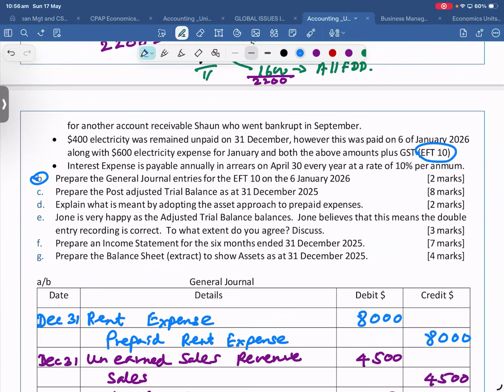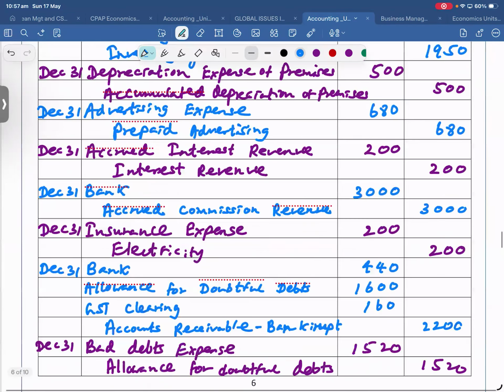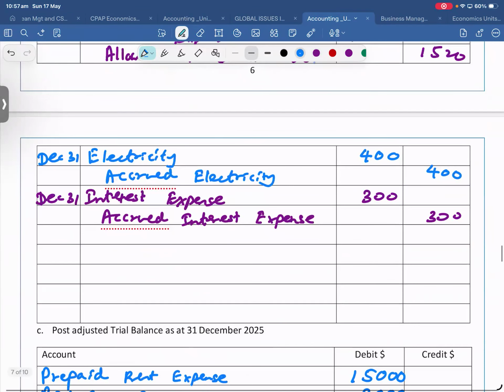What happened in the EFT 10? That the electricity that was accrued, yes, was paid with 600 for January. That means altogether how much? 1,000. So what's the double entry for that 400 and 600 as of January 6th? So this is going to be 1, 2, 3, 4.